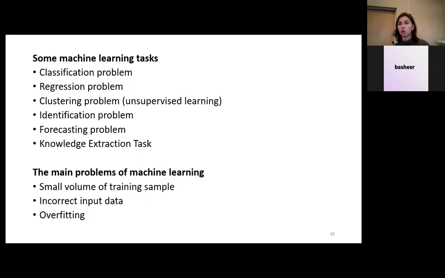Overfitting may occur not only because of a small amount of data, but a small amount of data may cause overfitting, or may not. It depends on the algorithm which you are using. Because you may use logistic regression, for example. Logistic regression doesn't have overfitting in general, because it's a simple algorithm which constructs a plane.